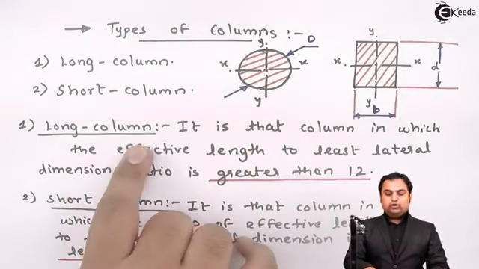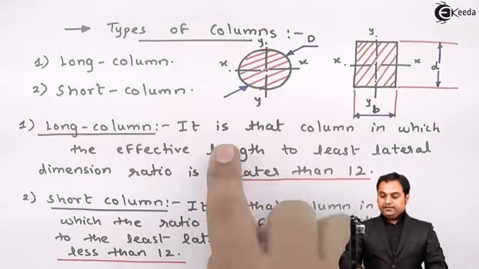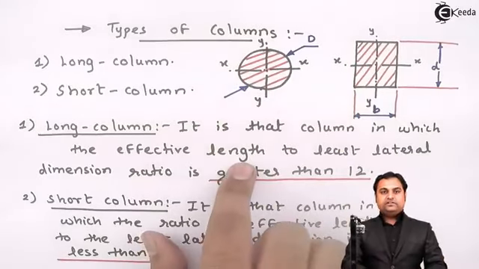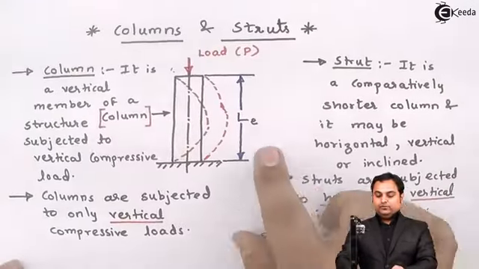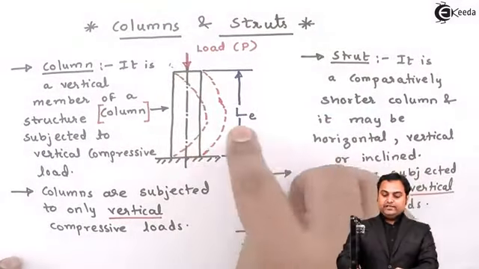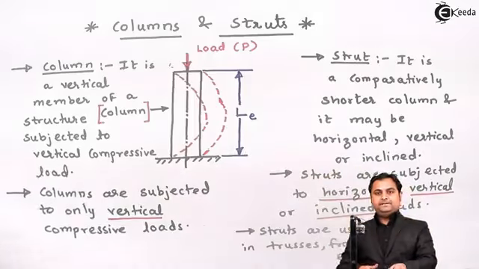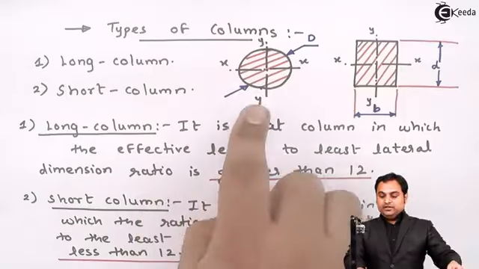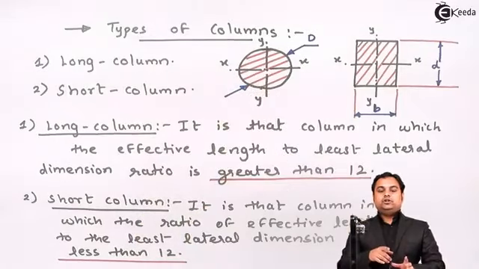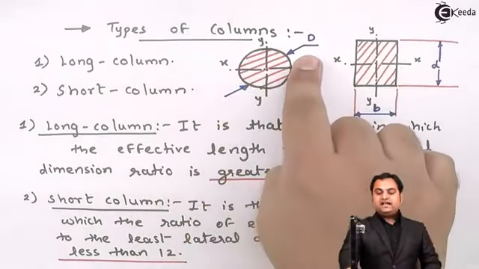Now, for the long column definition, I have written that it is that column in which the effective length, that is, the length of the column which is bending, so this actual length is the effective length which takes part in bending, to the least lateral dimension. If I consider the circular column, the lateral dimension is the diameter.